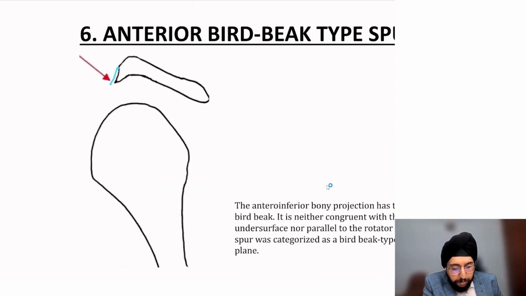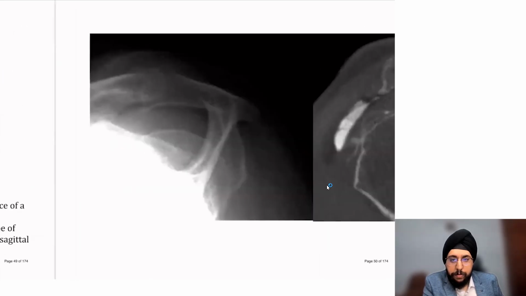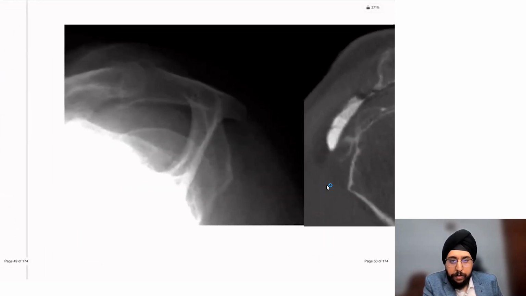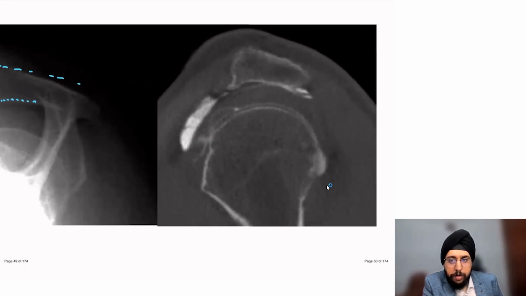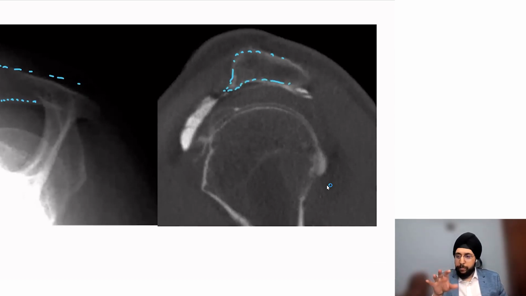Similarly, bird beak obviously has an acute angulation. Okay, simple.